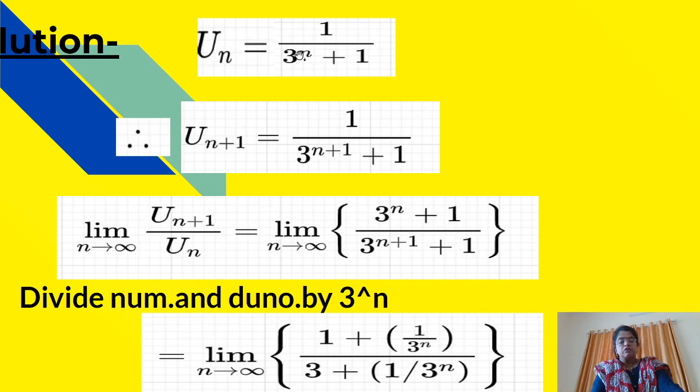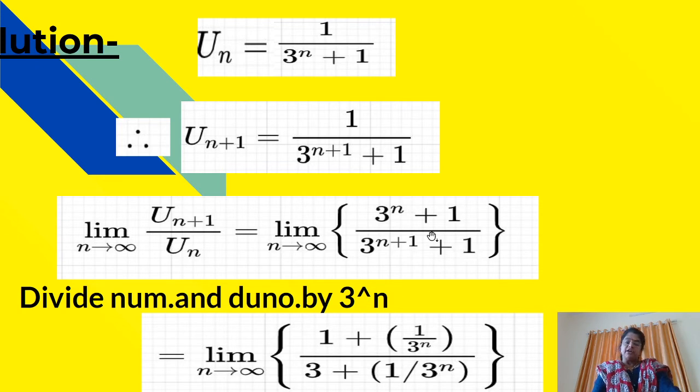From this un, we will find un plus 1 by replacing n by n plus 1 on both sides, and therefore we will get un plus 1 is equal to 1 upon 3 raised to n plus 1 plus 1.